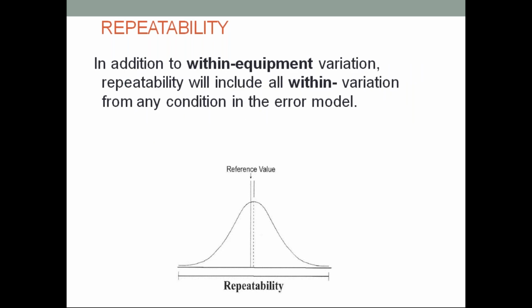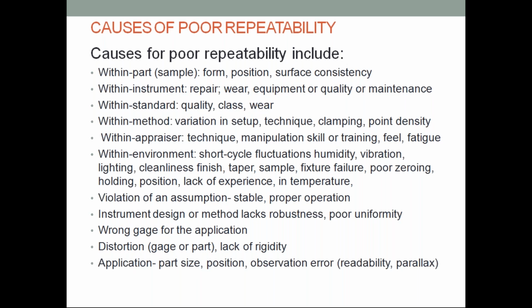In addition to within equipment variation, repeatability will include all within variation from any condition in the error model. So when you look at poor repeatability, if you fail a Gage R&R and you're trying to figure out why you failed, and the repeatability is the problem, then what you do is you look for within types of error.